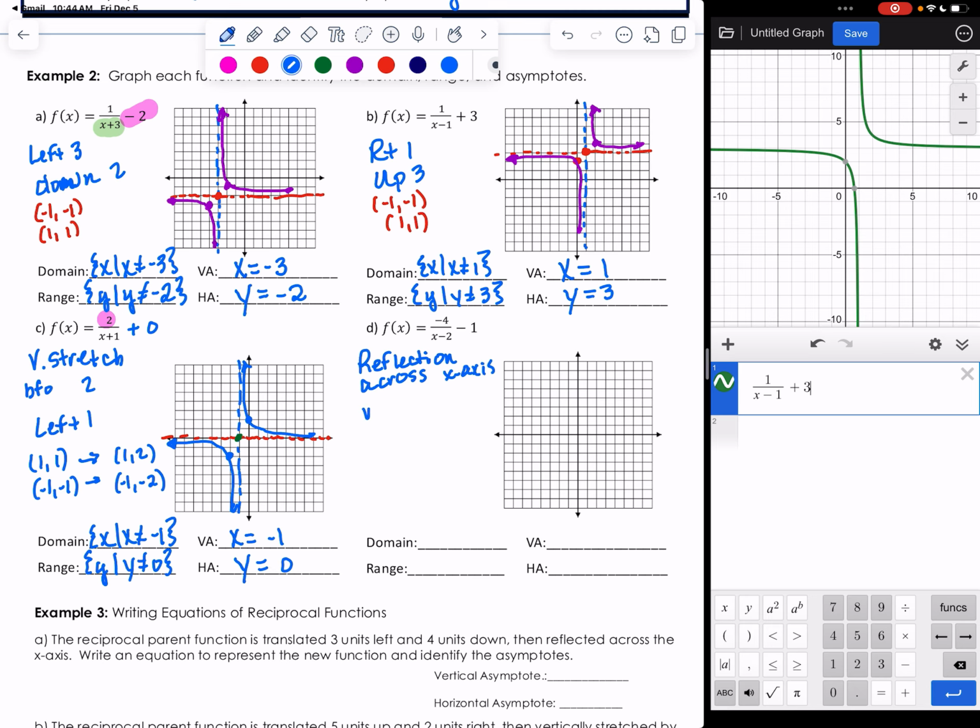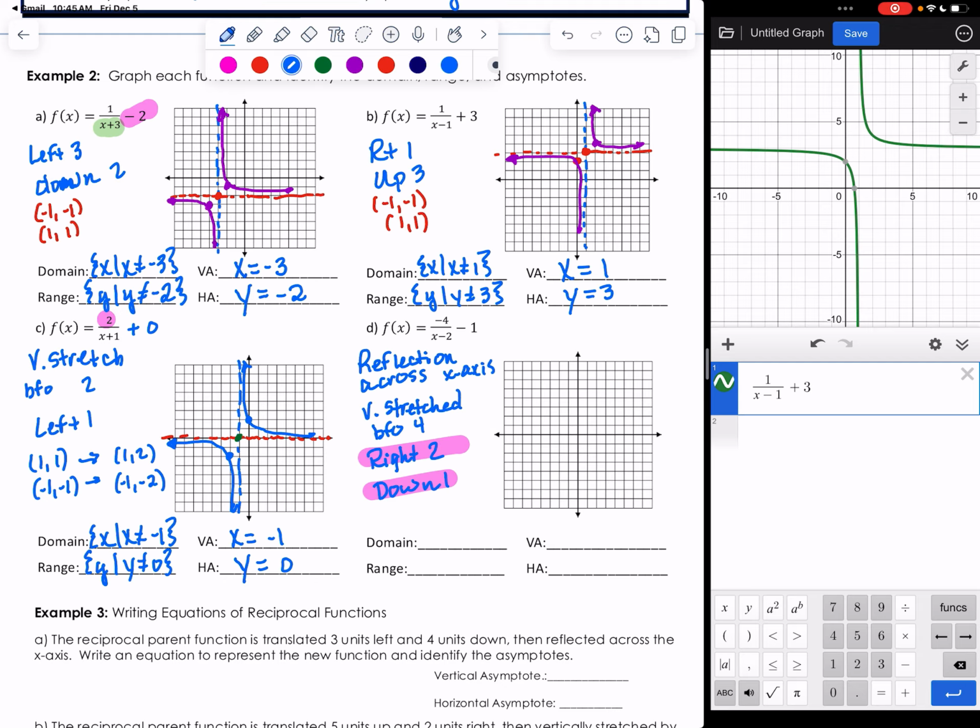It's going to be vertically stretched by a factor of 4. It's going to move right 2 and down 1. Now for your asymptotes, that's the only two things you need to know to get the asymptotes. We'll deal with the reflection and the stretch in just a minute.